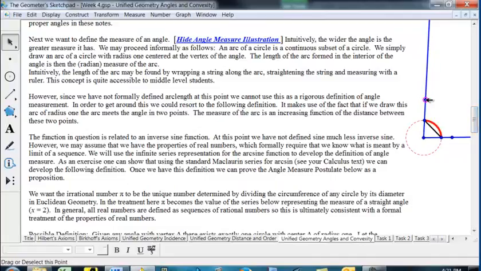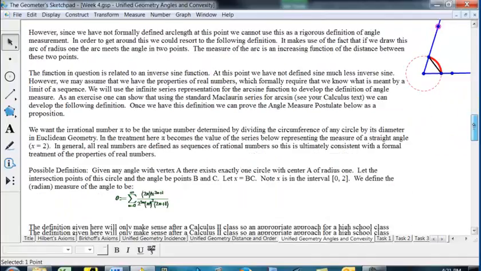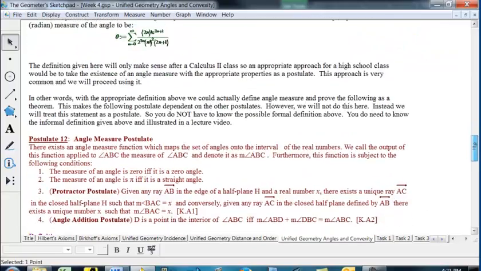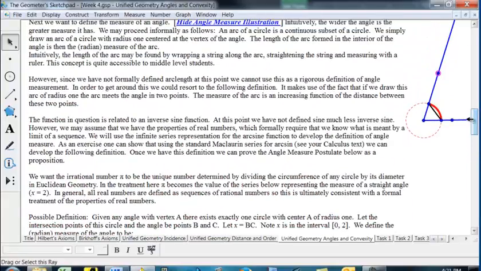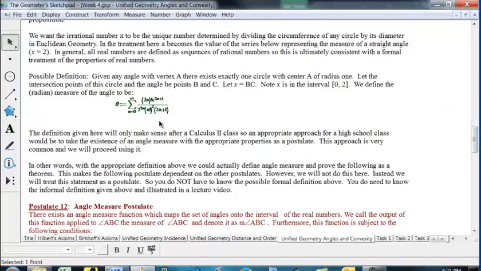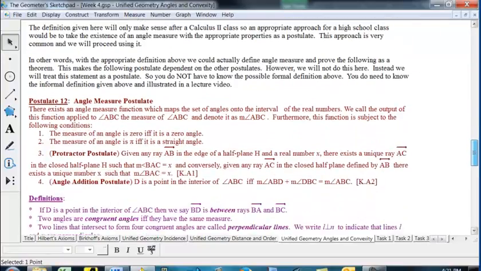And we're going to approach things that way. But in fact, we could define angle measure as I just said, and then we could prove these things as theorems, although it might be a little bit difficult to do. But we're going to postulate the existence of this. Now, what you do need to know is this informal way of thinking of angle measurement. That is very important. But this part here, this formula and so forth, don't worry about that.